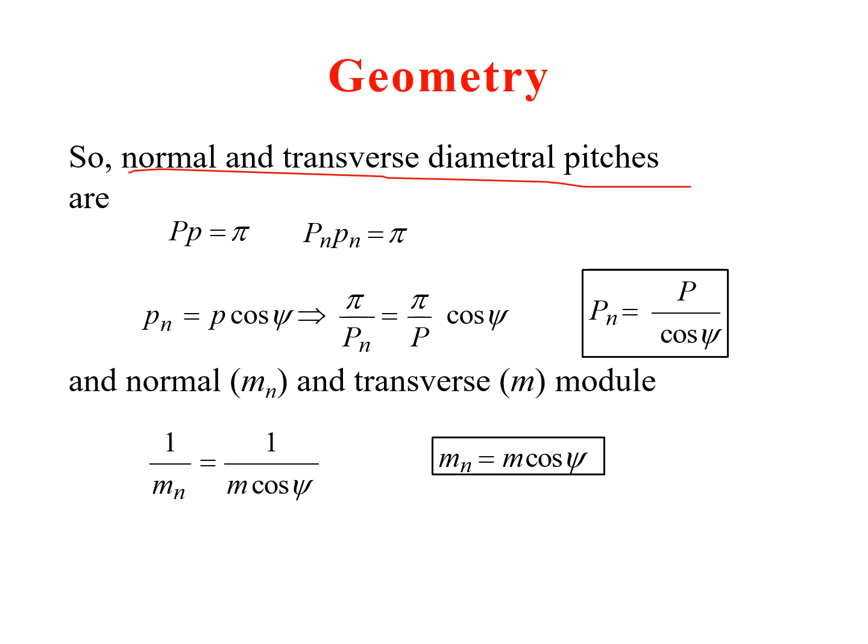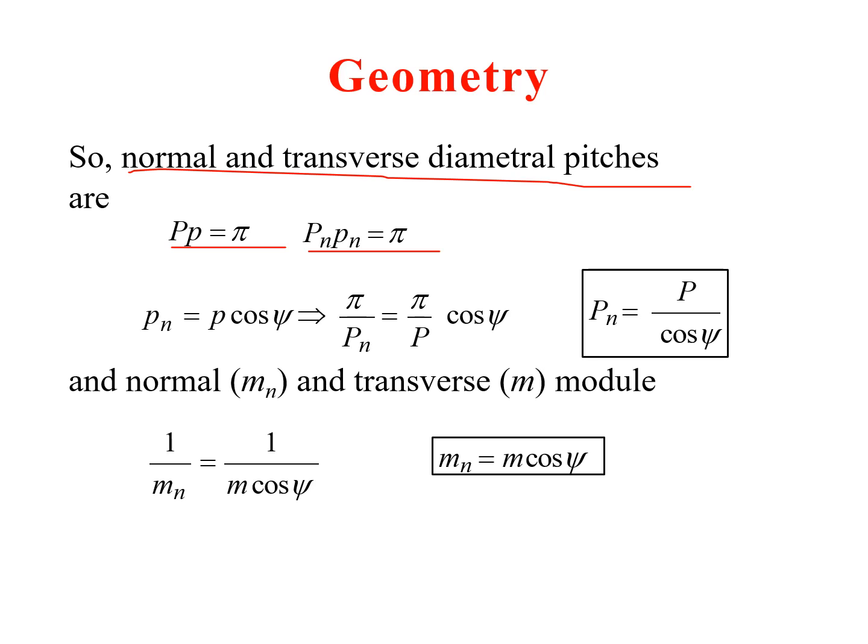So now here, in case of spur gear, this is the relation which can be written; for helical gear, that is Pn into small pn is equal to pi. Now we know that Pn is equal to P cos psi.